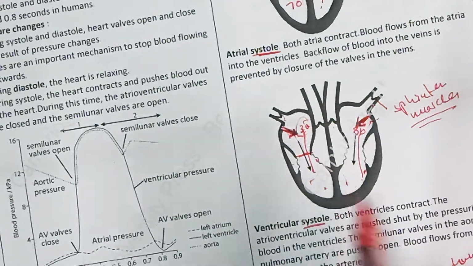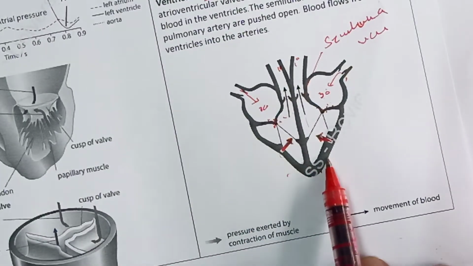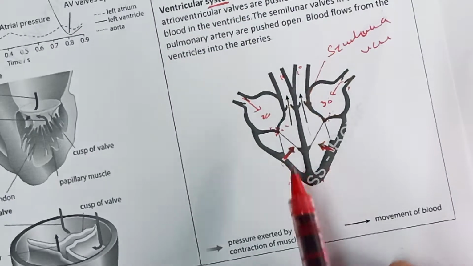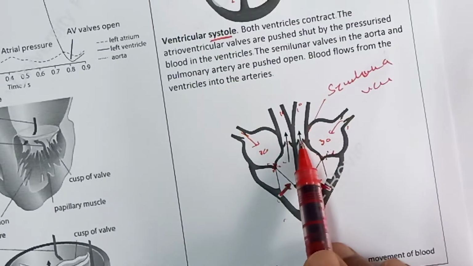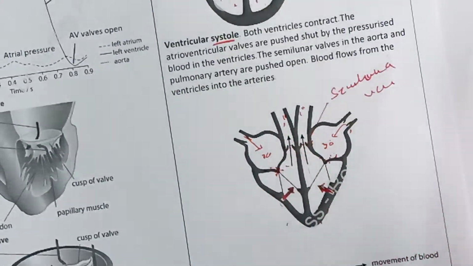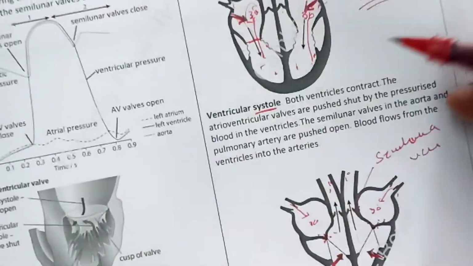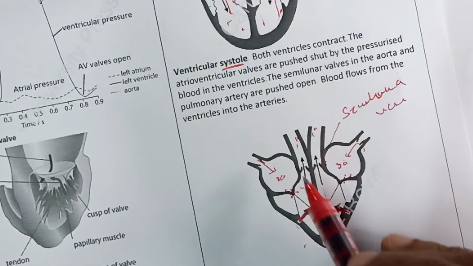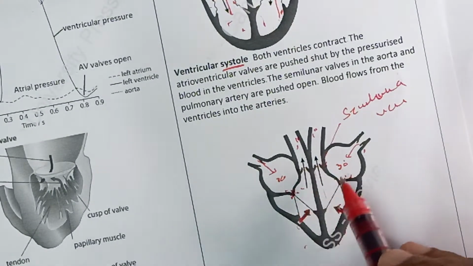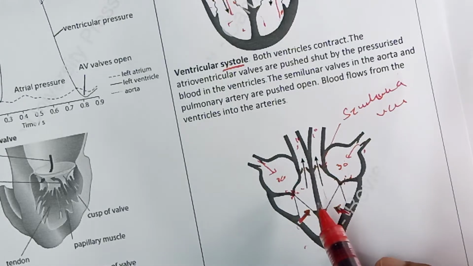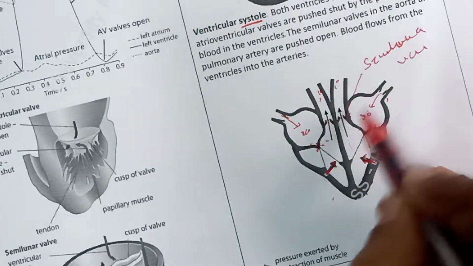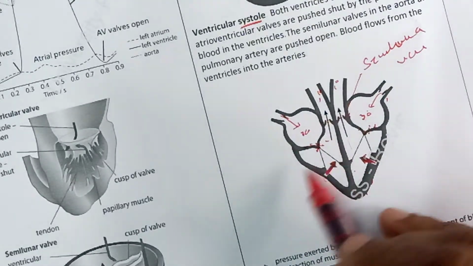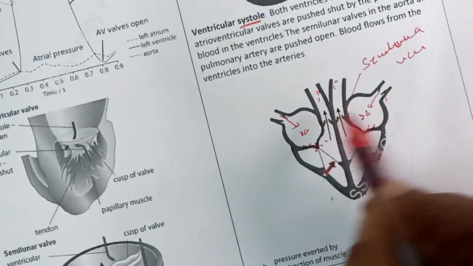After this moves down, the ventricle will start contracting. So before it contracts, these will close and the two here will open. So you can see that there is a relation between the opening and closing and the quantity of blood found in the atrium.